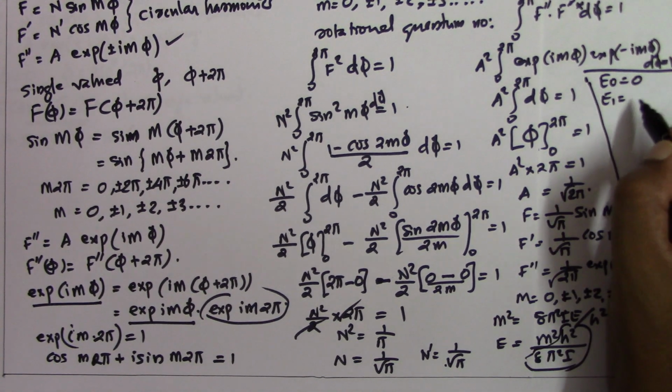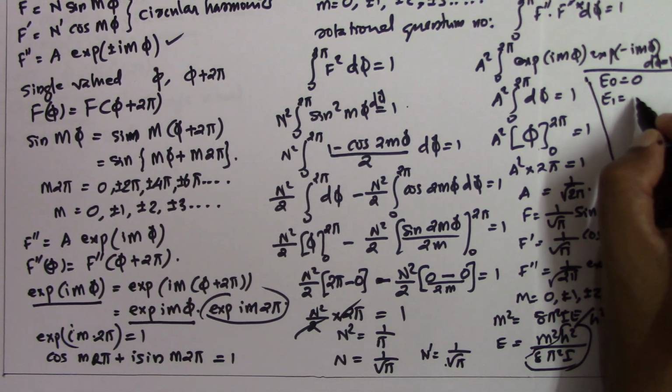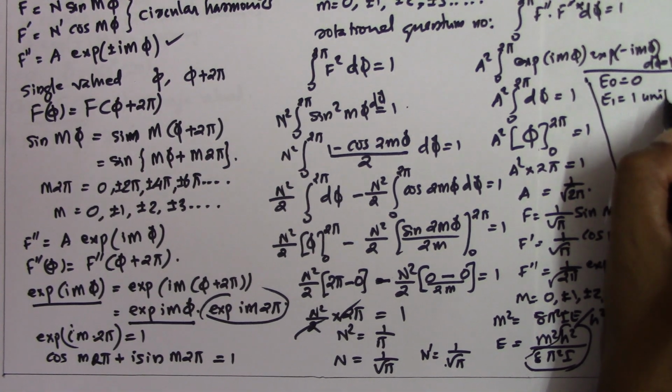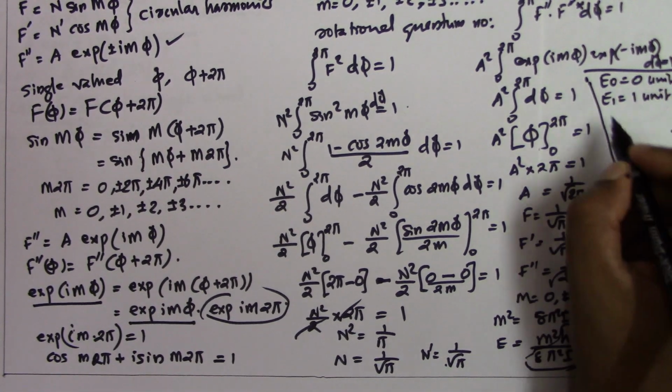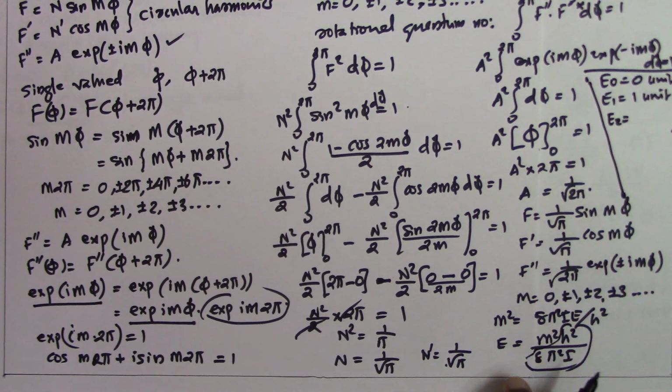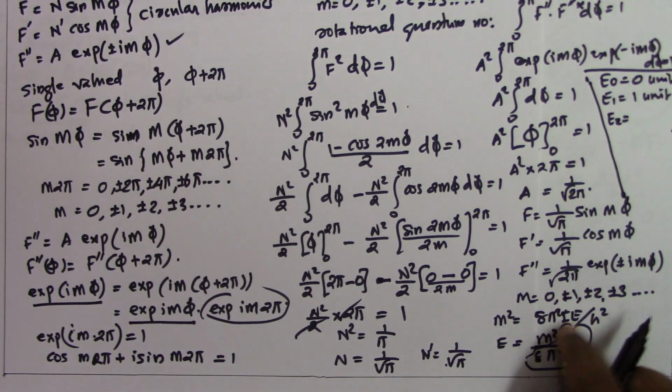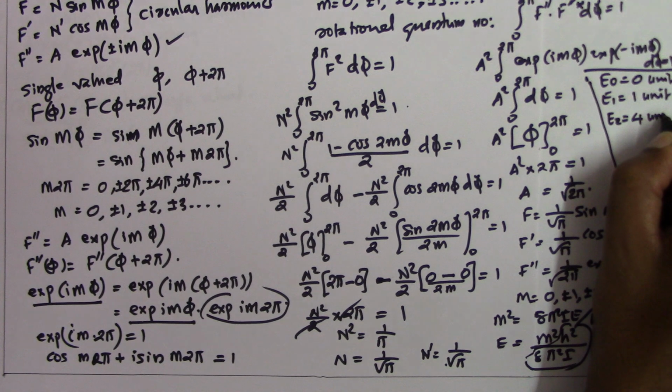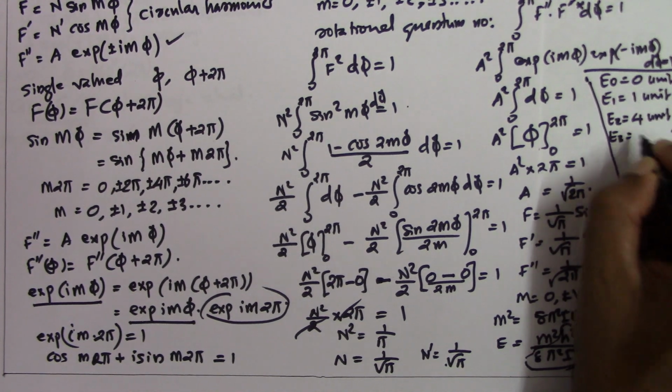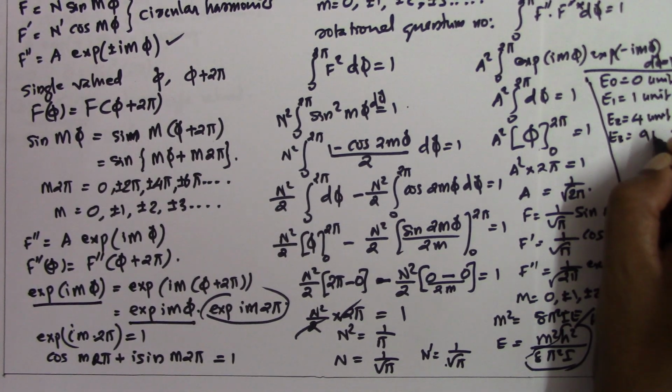Then we can write 1 square, that is 1 unit, here it is 0 unit, and E2, when m is equal to 2, will be 2 square, that is 4 units. E3 will be 3 square, that is 9 units, etc.